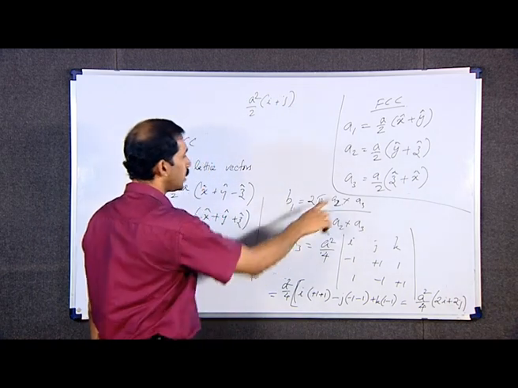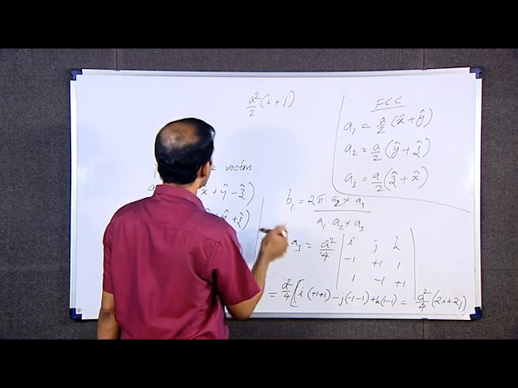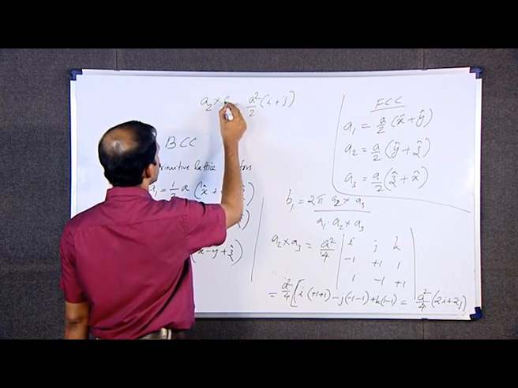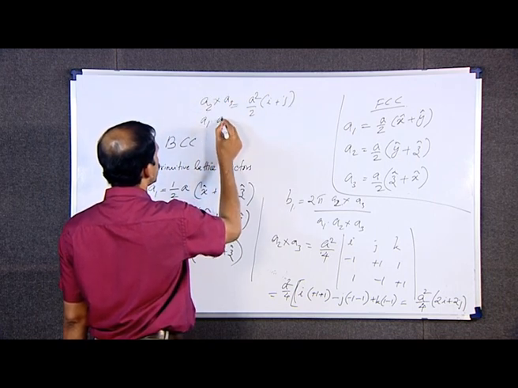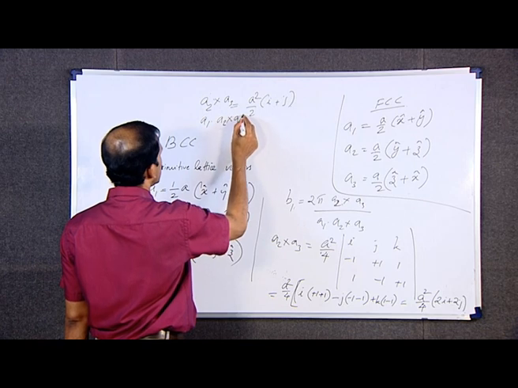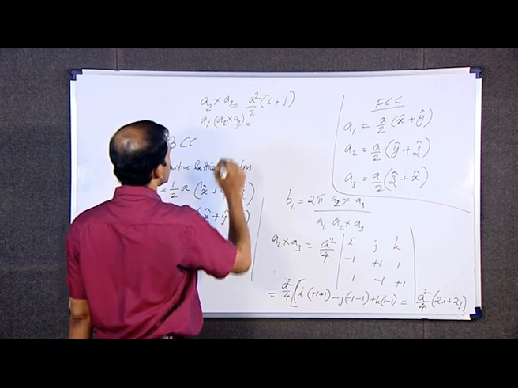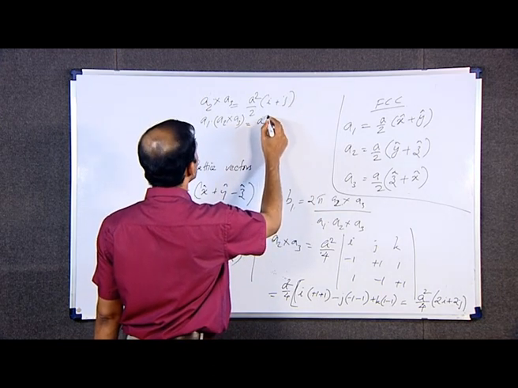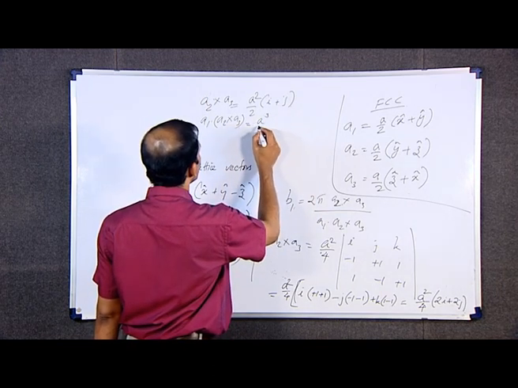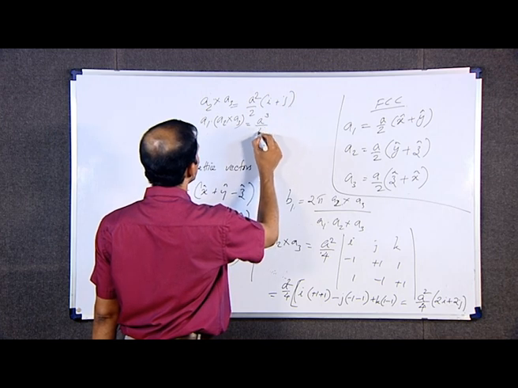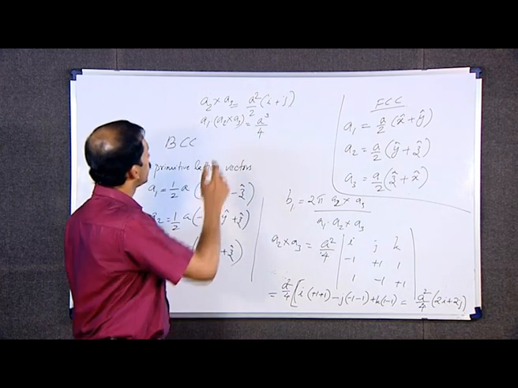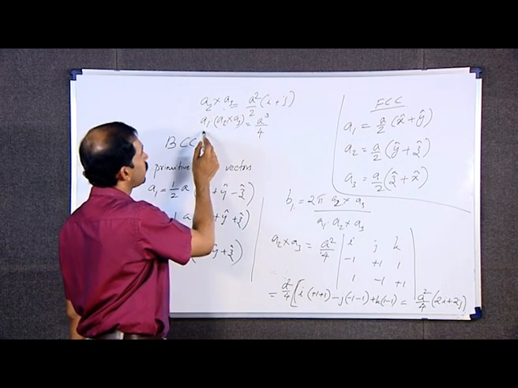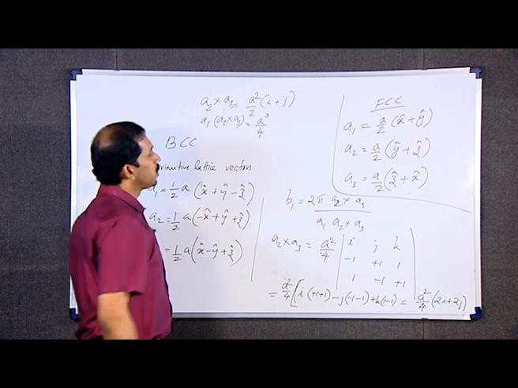So, that is the A2 cross A3. And A1 dot A2 cross A3 is equal to A cube by 4. So, A2 cross A3 is equal to A squared by 2 into i plus j, and A1 dot A2 cross A3 is equal to A cube by 4.